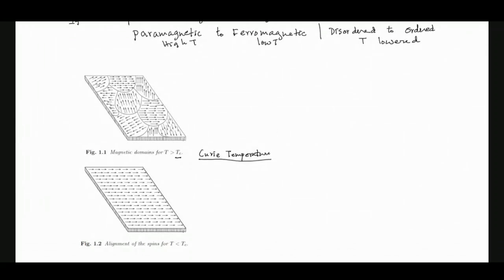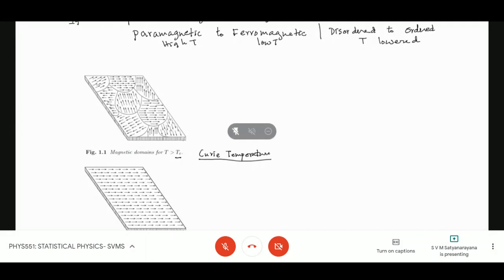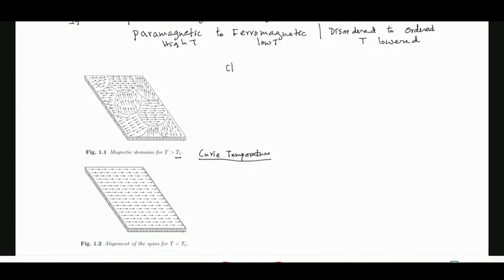But generally, for phase transitions, as I told you, there is a classification. There are two types of phase transition classification. The first is called first order, or discontinuous, and the other is the continuous phase transition.